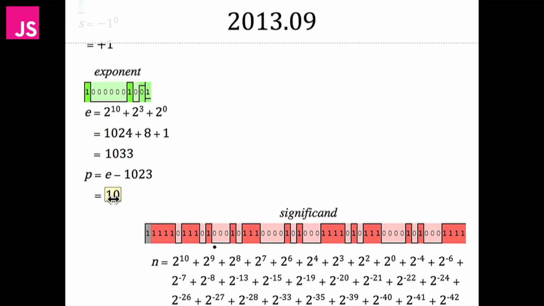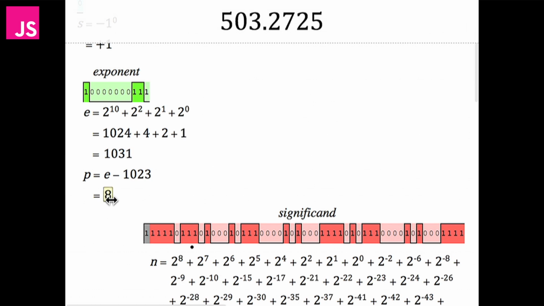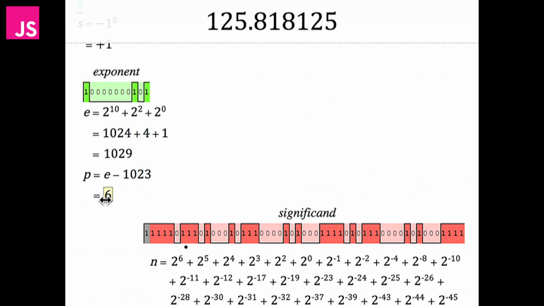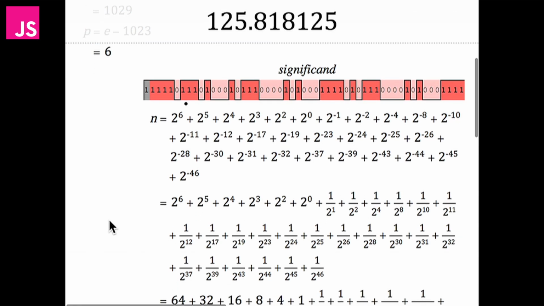The smaller the exponent is, the more the point will move to the left, giving us fewer bits for the integer part. And that's why it's called floating point, because the position of the point depends on the value of the exponent. So now, let's have a look at the most important part, the significand.